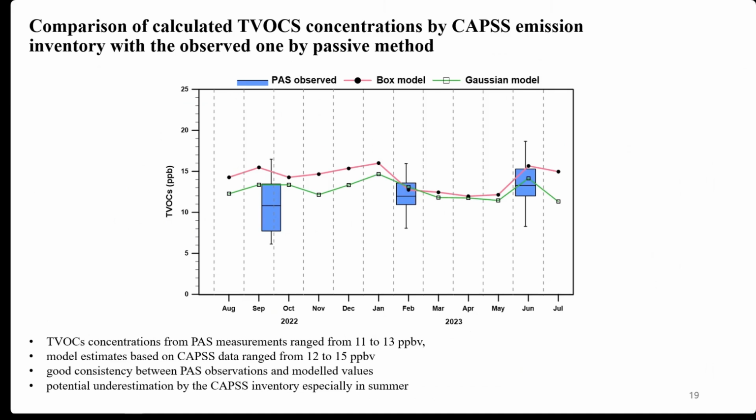Both the box model and Gaussian model show similar VOC concentrations ranging from 12 to 15 ppb, with more pronounced seasonal variation in the box model. The lack of detection of emission hotspot in southern eastern Seoul in the PAPS data, coupled with the omission of photochemical loss in our dispersion-only model, indicates that the current CAPS emissions inventory may significantly underestimate actual ambient VOC levels, especially in summer.